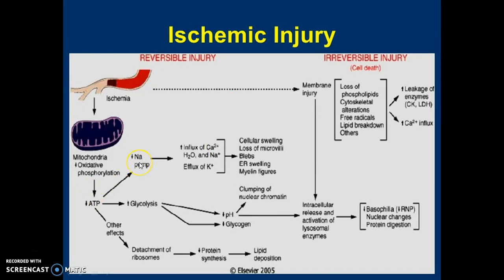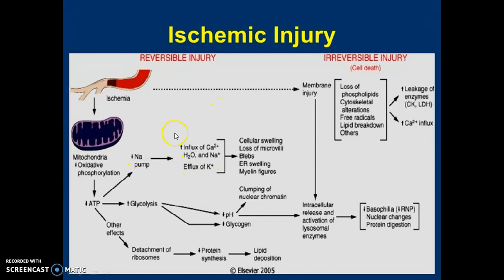There is decrease in the efficacy or function of the sodium potassium ATPase pump, and because of this, there is intracellular accumulation or influx of calcium in the intracellular compartment along with water and sodium, and there is efflux of potassium out of the cell.